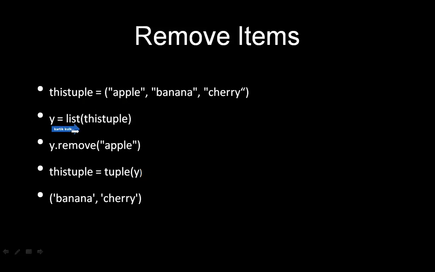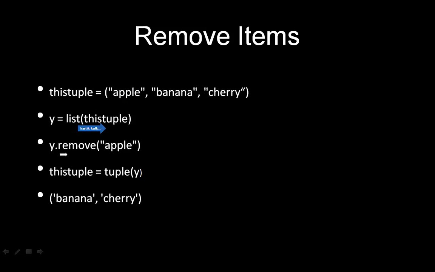What is the syntax for converting a tuple into a list? The syntax is list, and in brackets we specify the tuple name. The tuple name I have taken here is this tuple.